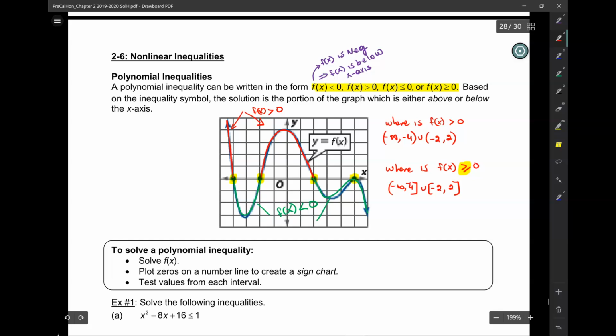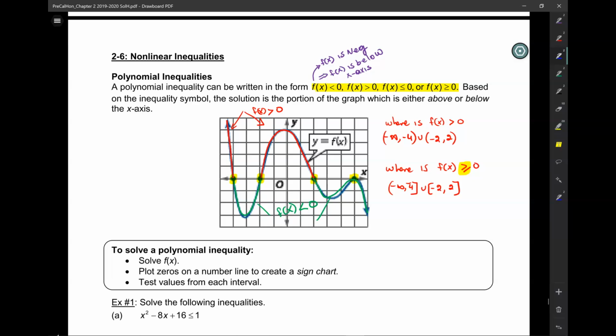Okay? Now, notice one other thing. Here, at x equals negative 2, what is the multiplicity, would you say? Odd, right? It's an odd multiplicity. When it's an odd multiplicity, the graph switches between negative and positive. So here the graph is negative, here the graph is positive. What about at x equals 4?